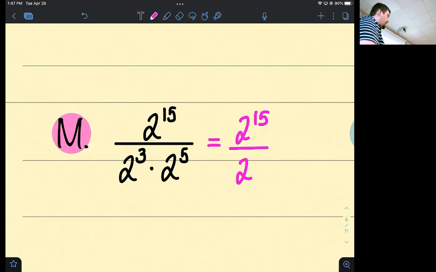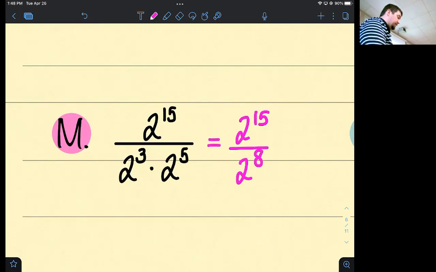When you're multiplying the powers, you don't multiply the exponents. You would do that if you were raising a power to a power. Who can help Connor out? What do you do with the exponents, Owen, when you're multiplying powers? Add them. So what's that going to be on bottom then, Connor? 2 to the 8th power. Good job. Now finish it from there.